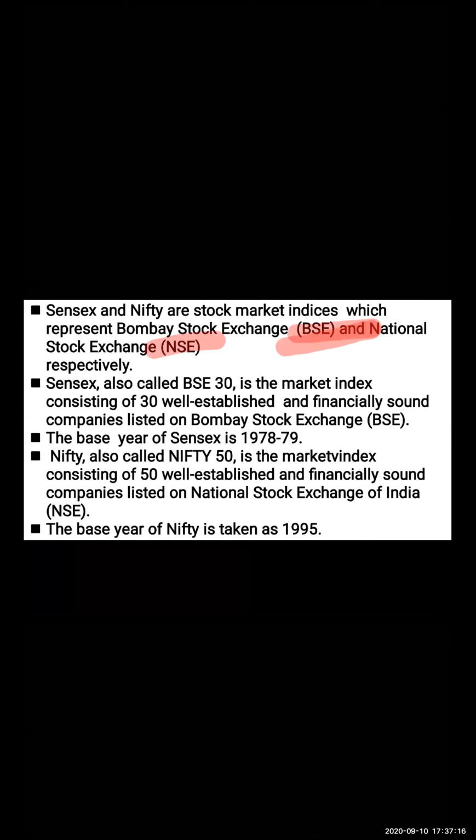Sensex, also called BSE 30, is a market index consisting of 30 well-established and financially sound companies listed on Bombay Stock Exchange. The base year of Sensex is 1978 to 1979. So while we are comparing the current year's BSE, we compare it at which base year? We take the base year of 1978 and 79.